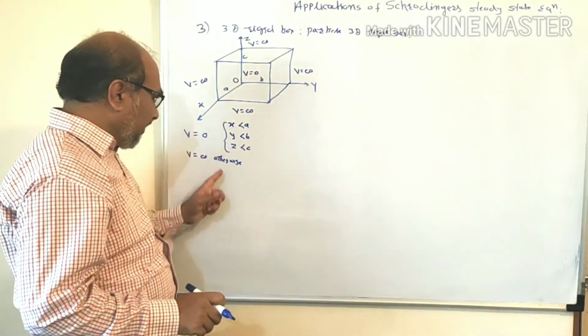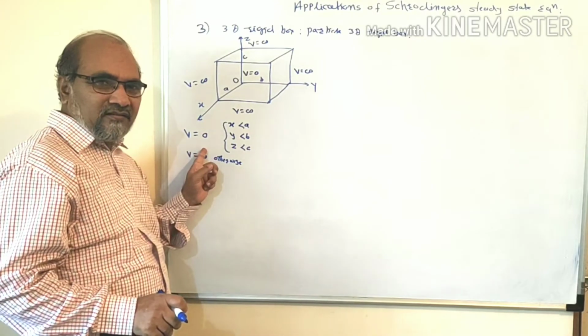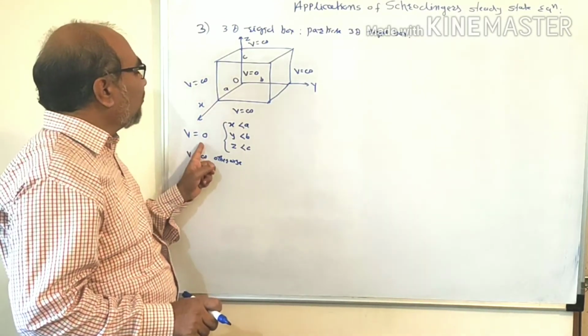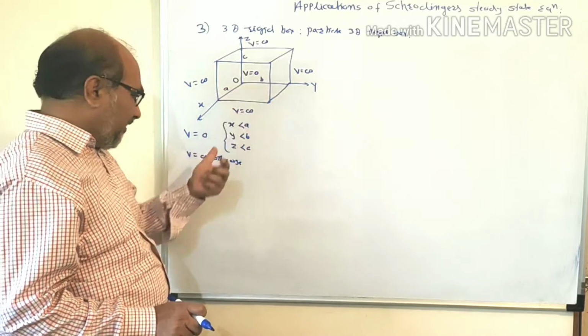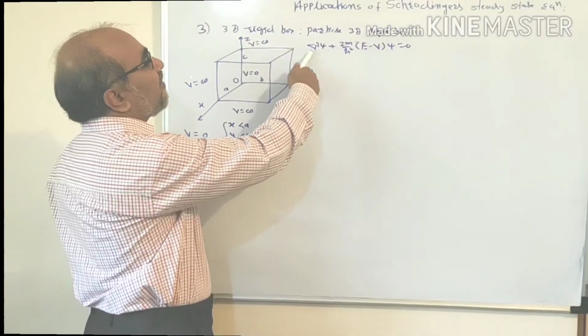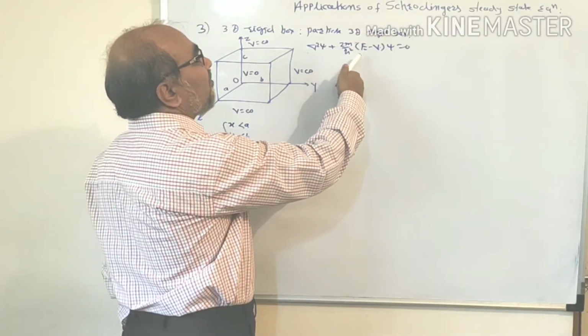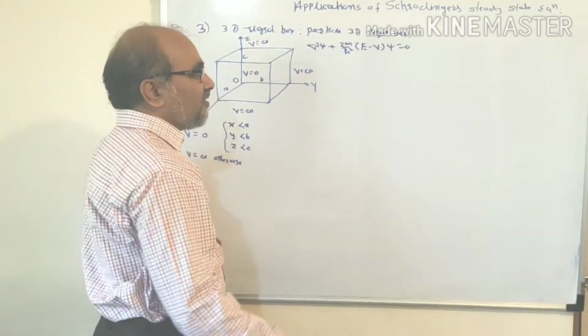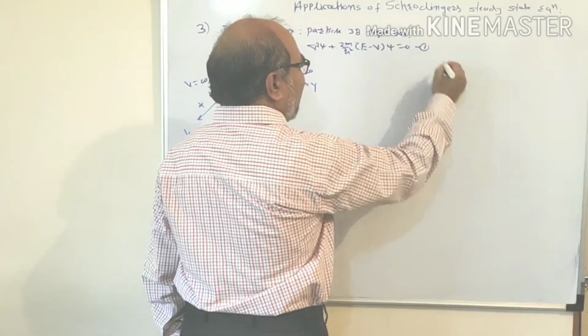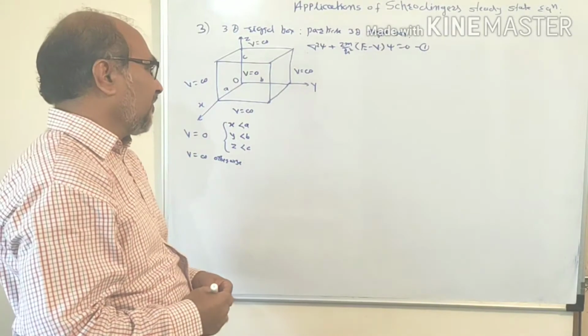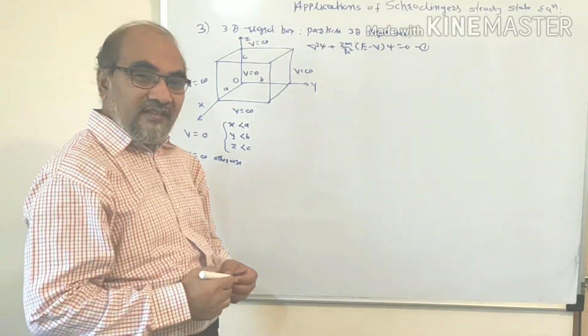Mathematically, the potential can be written as V equal to 0 within the box and infinite outside the box. The equation is del square psi plus 2m by h bar square into (E minus V) psi is equal to 0. We consider this as equation 1. Now what are the exercises?